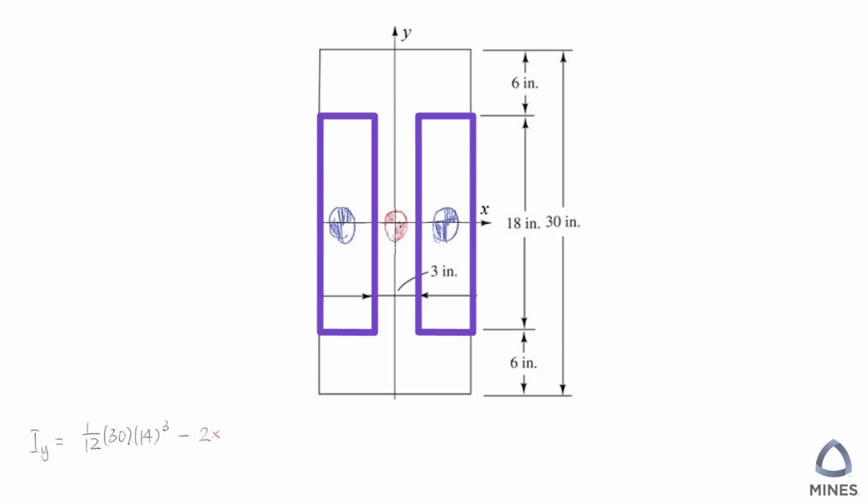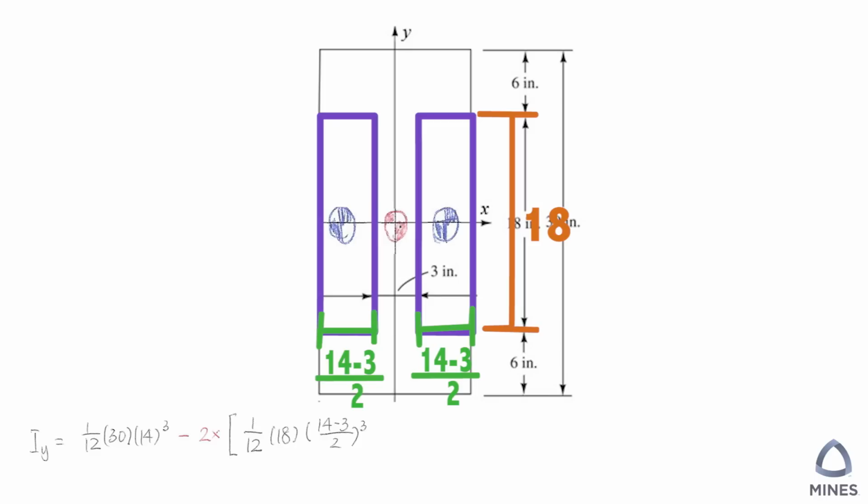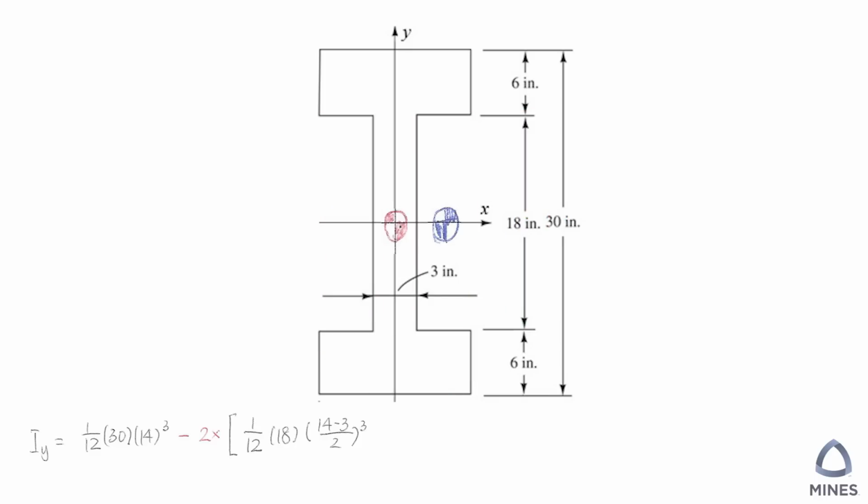So now let's take a look. The moment of inertia around its own y-axis here will be 1/12 times 18, and the height will be 14 minus 3 divided by 2. So do we need to shift the area, from the blue side to the red side, to the y-axis? Yes, we do.